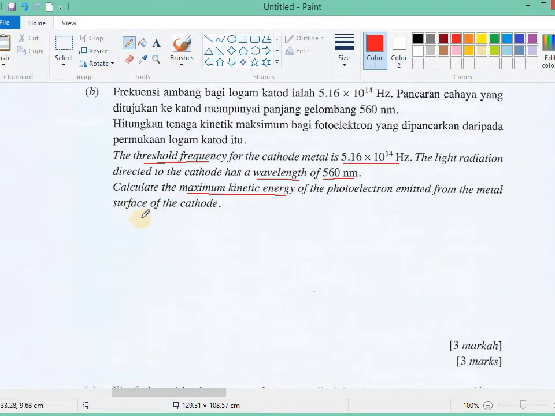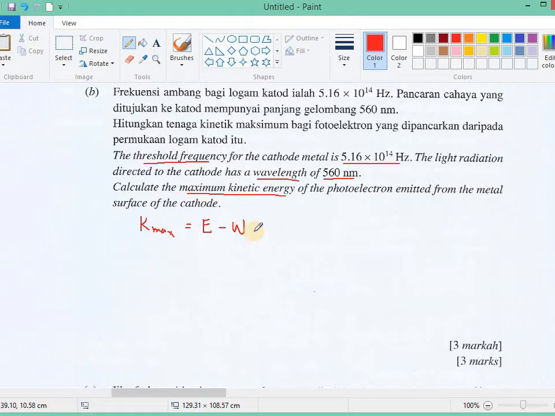Basically, the maximum kinetic energy of the photoelectron will be equal to the energy from the photon that is absorbed by the electron, minus the work function. This means the photon has energy that is greater than the work function.